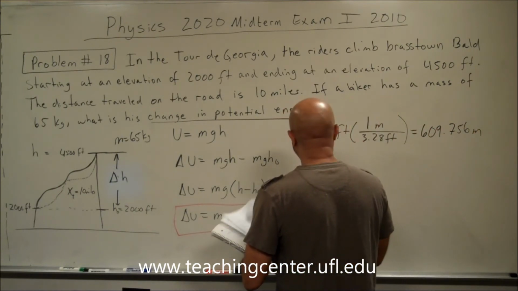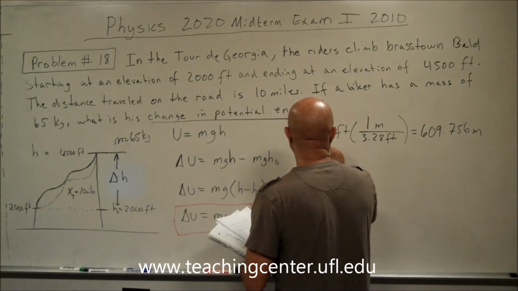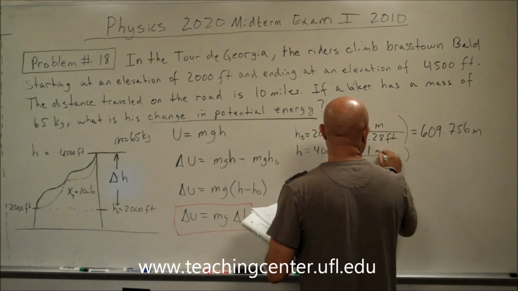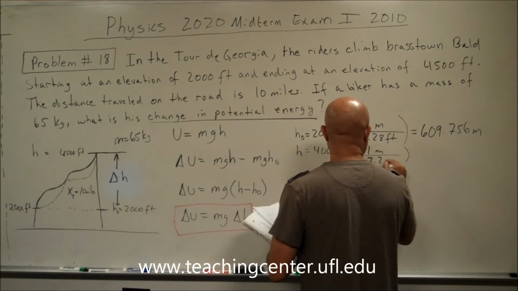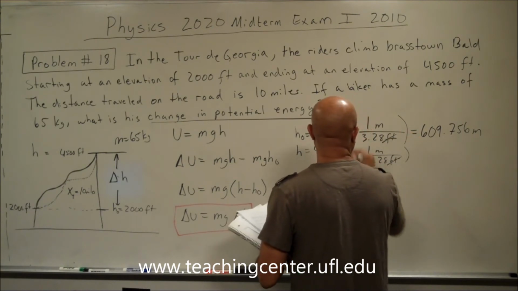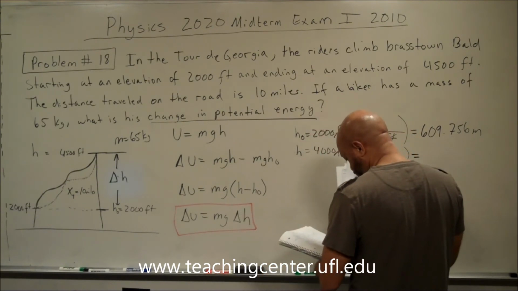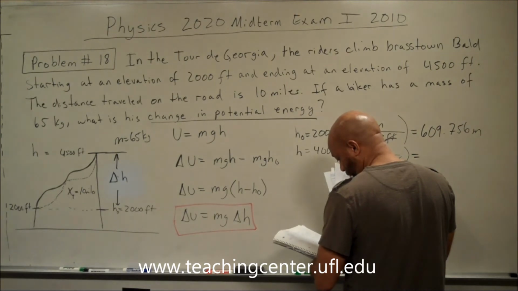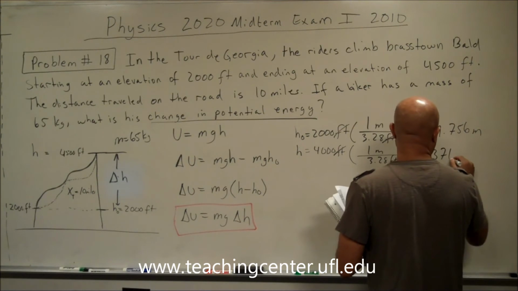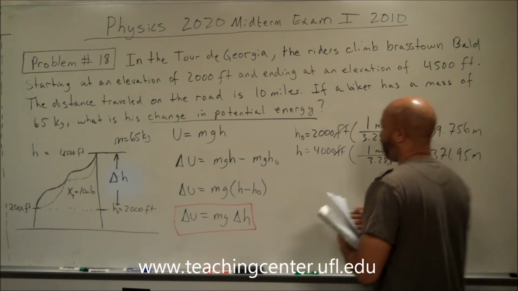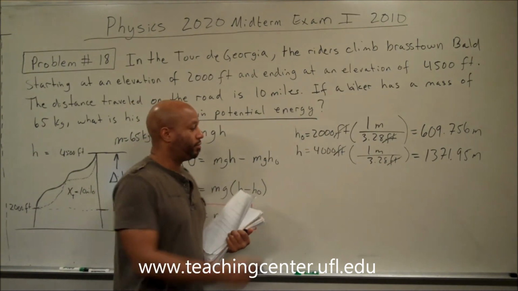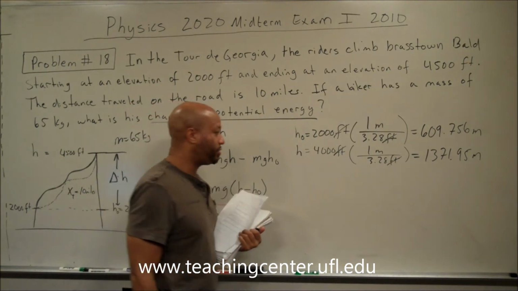If we do the same thing for the final height, that works out to be 1,371.95 meters. These are our starting and finishing heights in metric units.